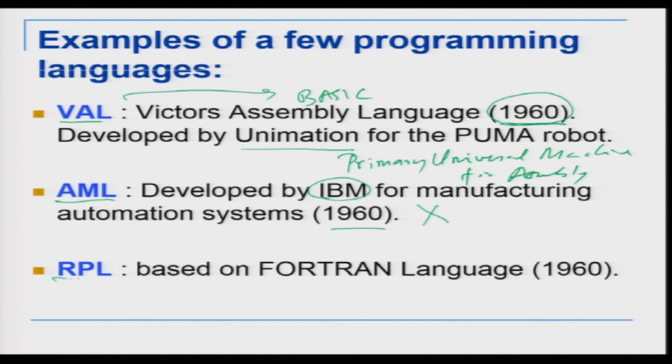The third language that was developed was RPL, and this RPL was also developed by several other companies for their robots, and this is based on the Fortran language, okay. Now also this is not there. So essentially most of the robots today would be using VAL, some derivative of VAL language, okay.